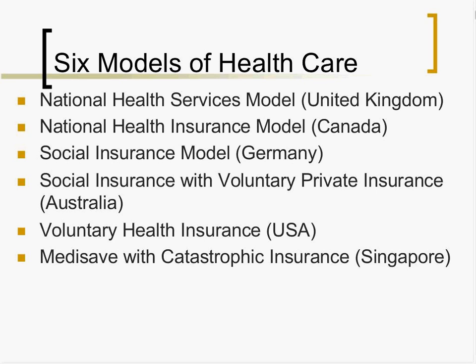In this insurance model, the premiums are collected so that the system deals with the healthcare needs of the population. So the premiums are based on the healthcare needs of the population. It's social insurance, and everybody has to pay something.